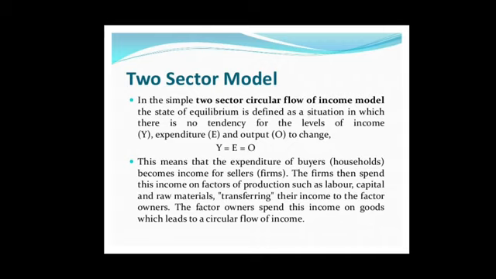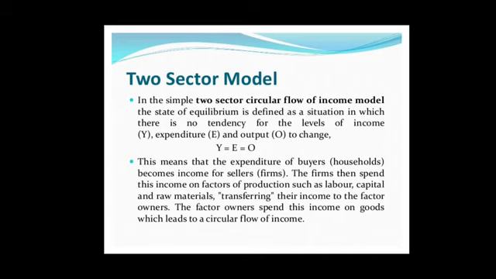Businesses, that is the producing sector, is the supplier of goods and services, and they are the demanders of the factors of production being supplied by the household sector. In this simple two-sector model, the state of equilibrium is defined as a situation in which there is no tendency for the levels of income, expenditure, and output to change.